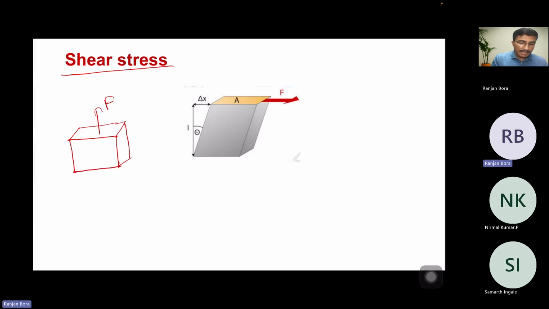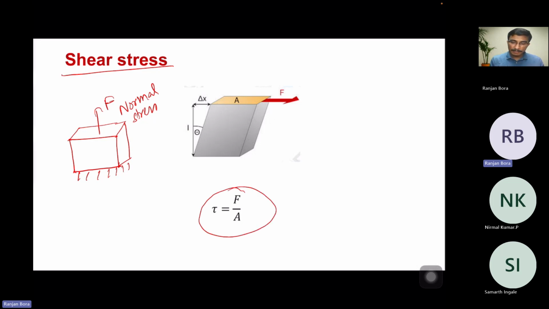If the force is acting like this, then this is a normal stress, and when the force is acting tangential to the plane, it is a shear stress. In both cases, the magnitude is the same, F divided by area.